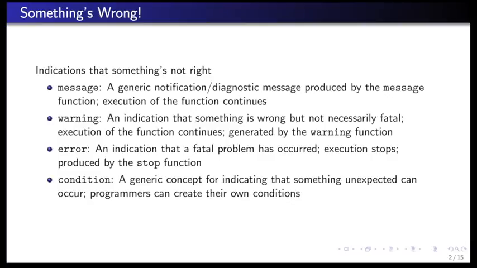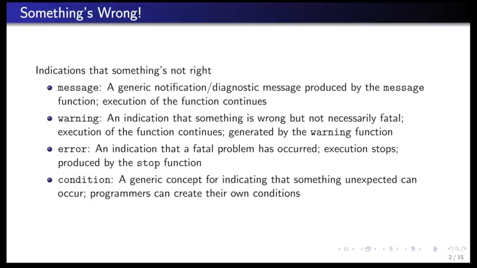And then an error is the last stop, right? An error is a fatal problem. This stops execution of the function, and error messages are produced by the stop function. And then there's a general notion of a condition, which is a higher level concept. All three of these things are conditions. So you can create new conditions if you wanted to.